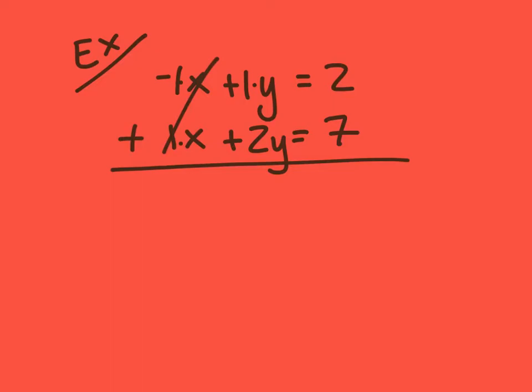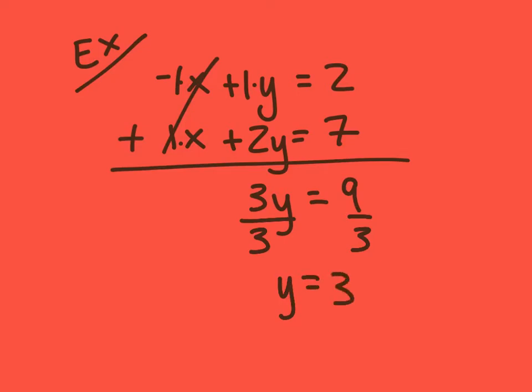So then I just add down and combine my like terms. 1y plus 2y is going to give me a total of 3y. 2 plus 7 is going to give me a value of 9. So I have an equation where the only variable is y, and I can solve for y. If I divide both sides by 3, then I get that y is equal to 3. So I have solved for one of my variables.